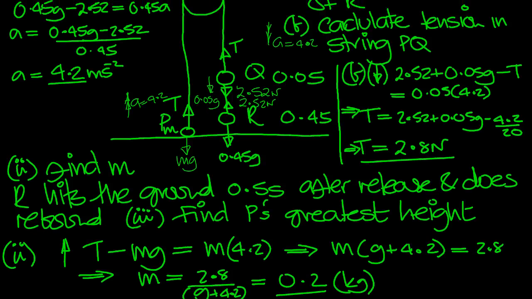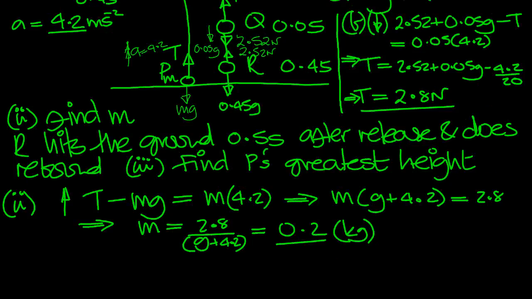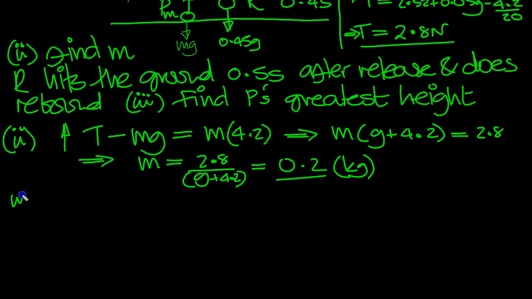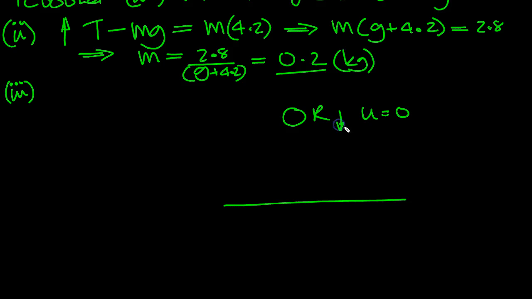Good. So part 3 now. R hits the ground 0.5 seconds after release and does not rebound. Find P's greatest height. So what have we got then? We've got a situation where this particle R, which is released from rest, so u equals 0, is going down with acceleration of 4.2.